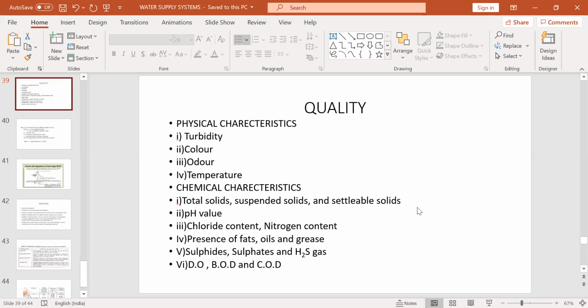Same as in the case of water supply, what you used to do, here also we have to do. Suspended solids are those solids which remain floating in the sewage. Settleable solids settle once the sewage is allowed to remain undisturbed for 2 hours.